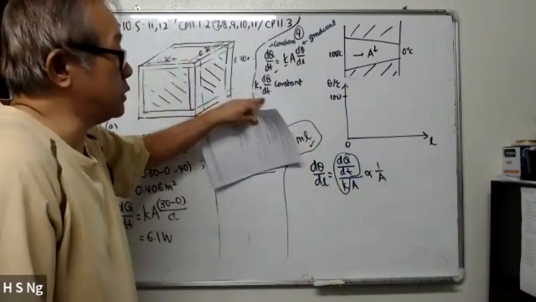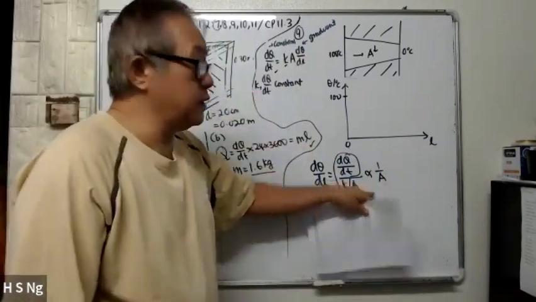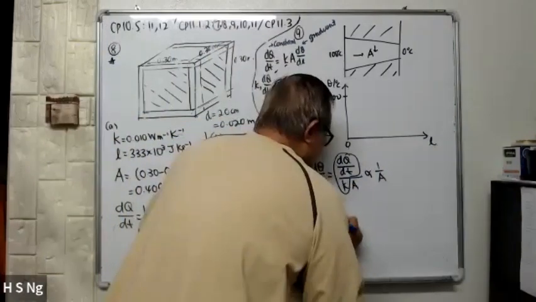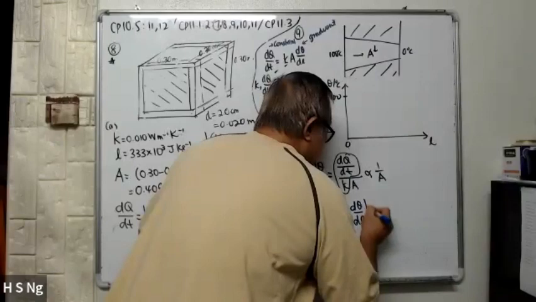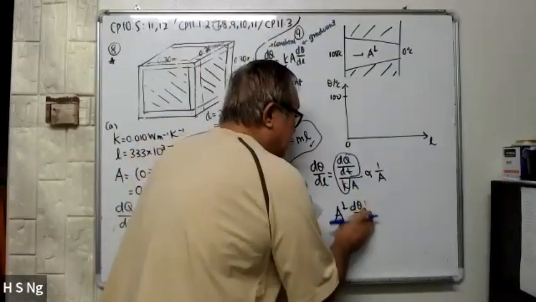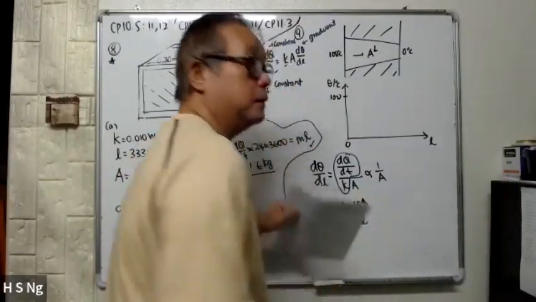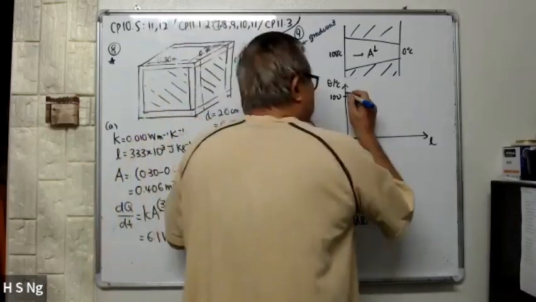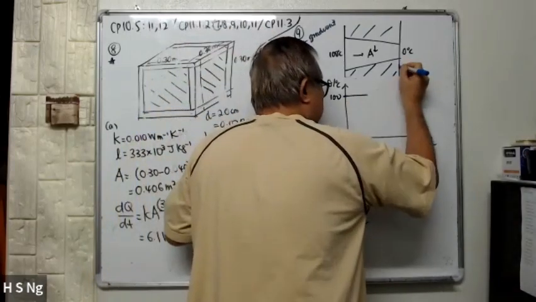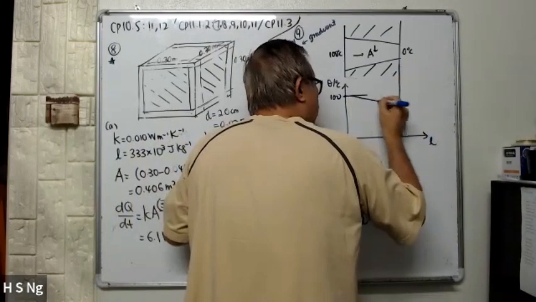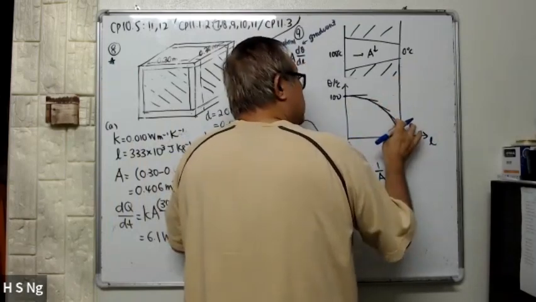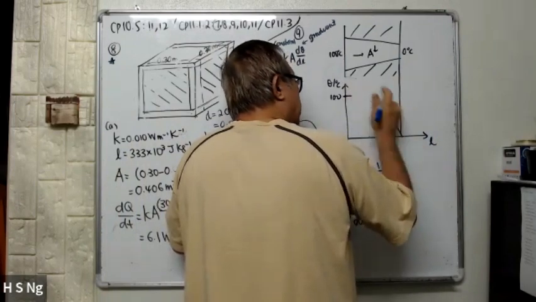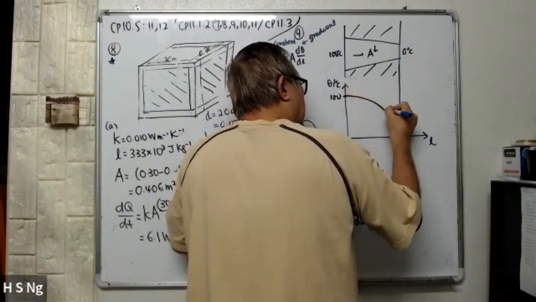Because this is constant, d theta per dl is inversely proportional to A. So when A decreases, d theta per dl increases. Remember this is a negative gradient, so at first the gradient is also negative. Later it becomes more and more negative. So this is your graph.